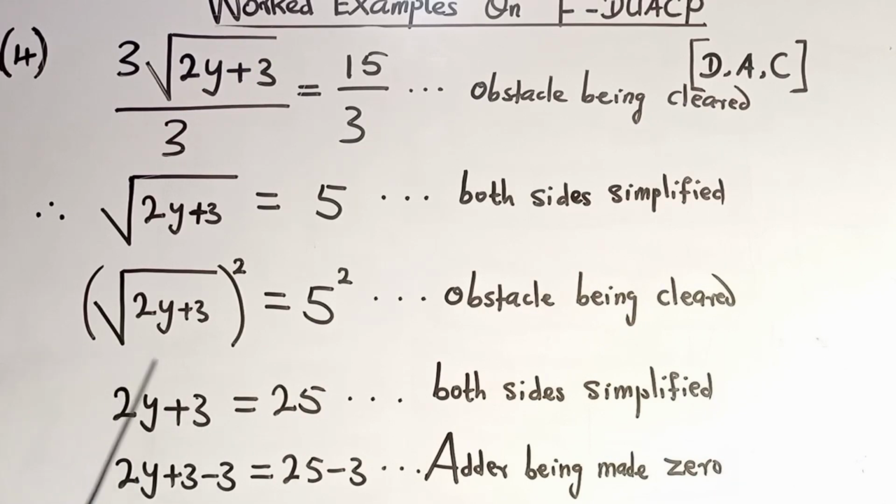The goal of converting this plus 3 to 0. Let's go on. That means 2y plus 3 is equal to 25 gives us 2y plus 3 minus 3 is equal to 25 minus 3. What is happening here? The adder is being made 0. Let's see what it turns out to be.